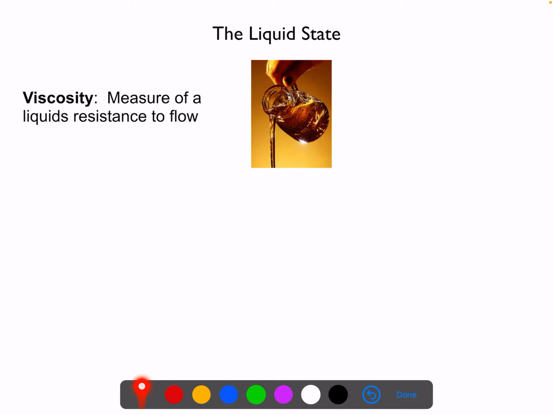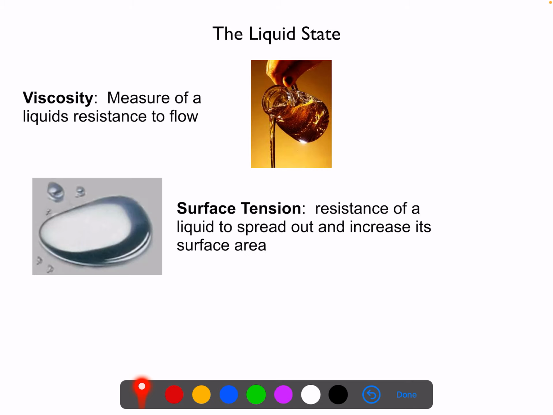So they have a very high amount of intermolecular forces of attraction. We have surface tension, the resistance of a liquid to spread out and increase its surface area. Here's a picture of mercury, which is all going to stay together. Again, these droplets are held together by molecules sticking together from intermolecular forces of attraction.